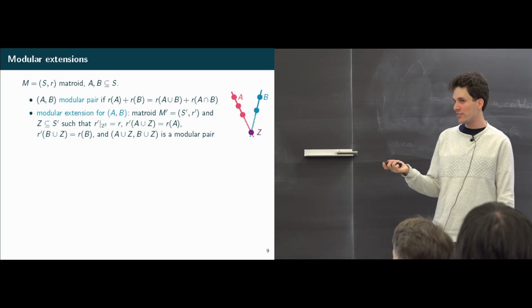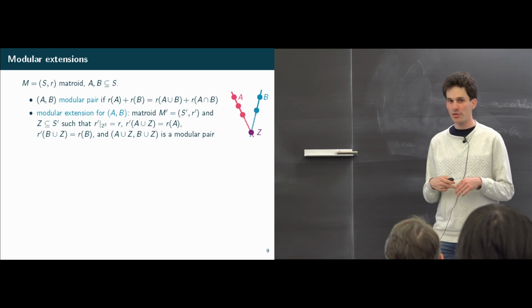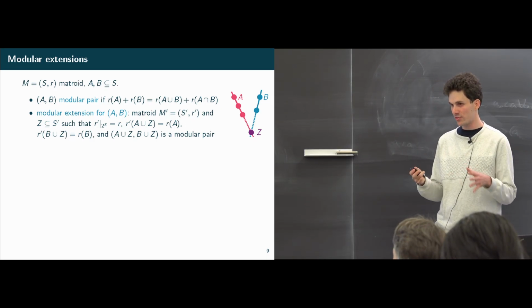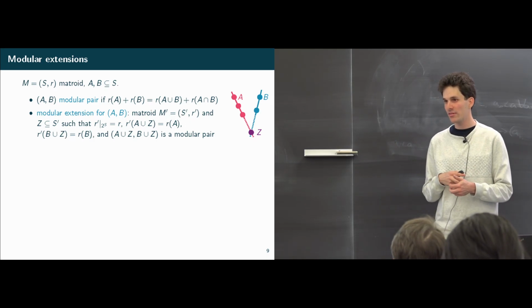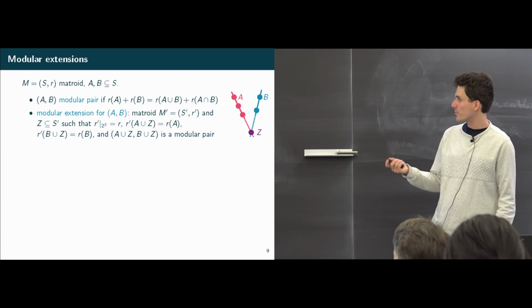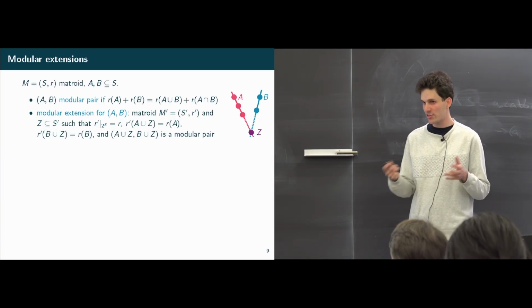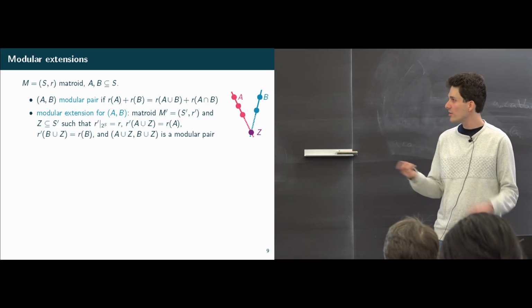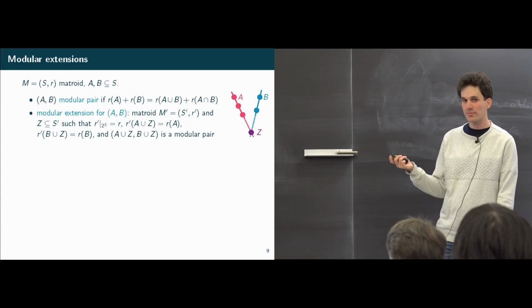And if a matrix is linear, then this property holds, because if we consider the whole vector space, then we have the modularity by the dimension formula. So we can just consider a larger part of the linear space if we have linear matrices.